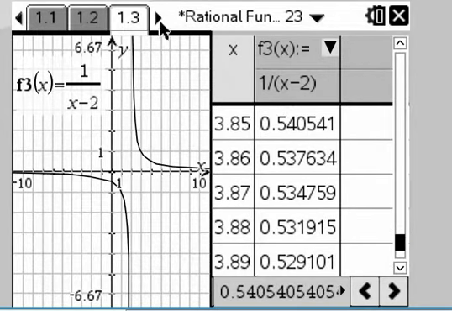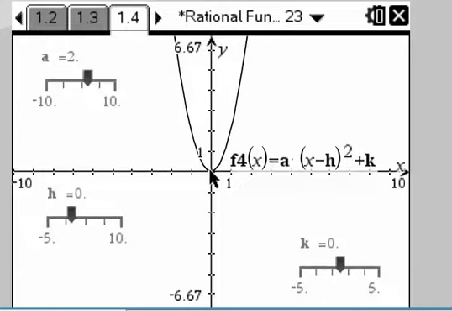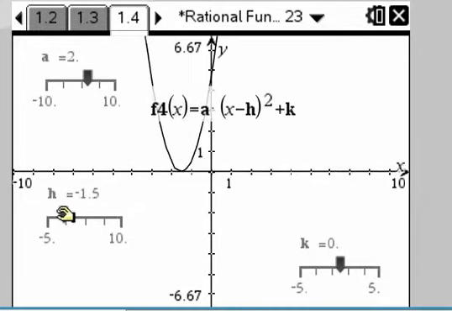The next thing I want to show you is, if you remember with quadratics, I have my quadratic equation a times x minus h squared plus k. The same properties of transformations work for all functions. If we move h, that gives us the right and left shift.